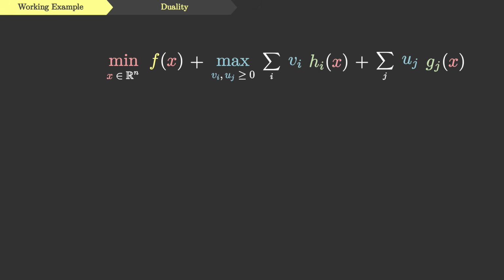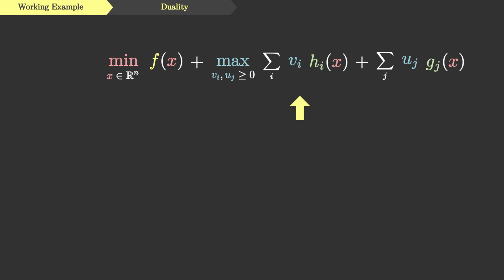And similar to what we did in the example, we are going to take the maximum over these scalars ui's and vi's. For inequality constraints, like the ones we had in the example, we really want the cost to be positive, while for equality constraints, where we want to penalize positive and negative values alike, we will allow the slope to be positive or negative.